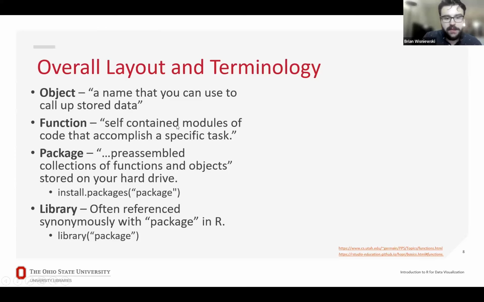A function is a self-contained module of code that accomplishes a specific task. If you imagine a recipe for baking a cake, that list of instructions to create the cake, you could consider that a function, right? We could call that a cake baking function. It's just a set of instructions to produce something.